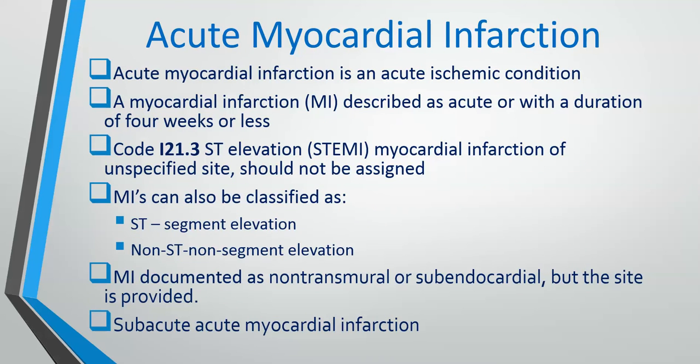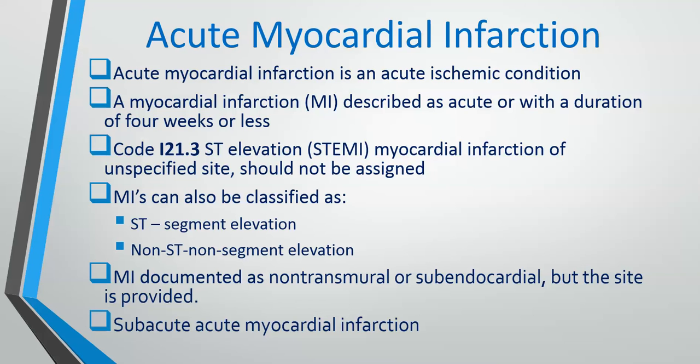So moving on, an acute myocardial infarction is an acute ischemic condition that ordinarily appears following prolonged myocardial ischemia. It is usually precipitated by an occlusive coronary thrombus at the site of an existing arteriosclerotic stenosis. Although ischemic heart disease is a progressive disorder, it is often silent for long periods with no clinical manifestations, and then it can suddenly appear in an acute form without any intervening symptoms having been experienced.